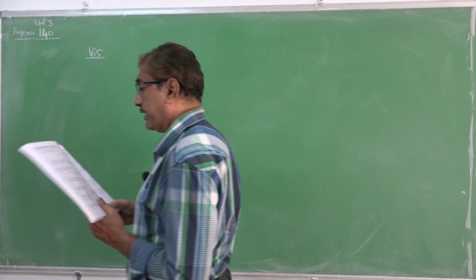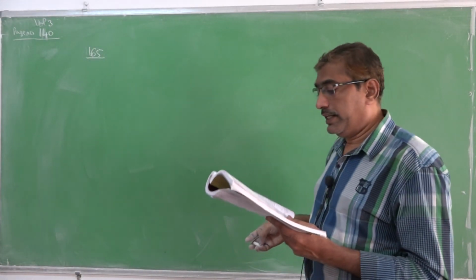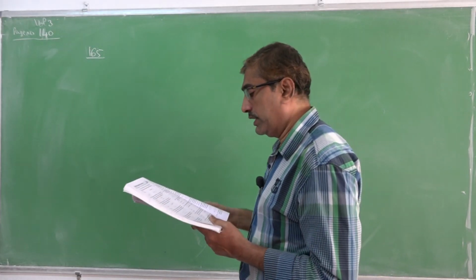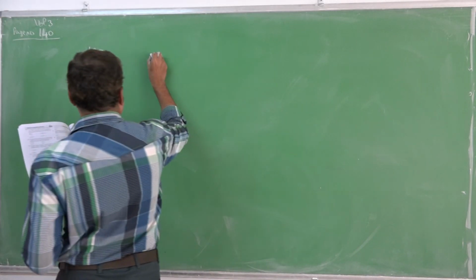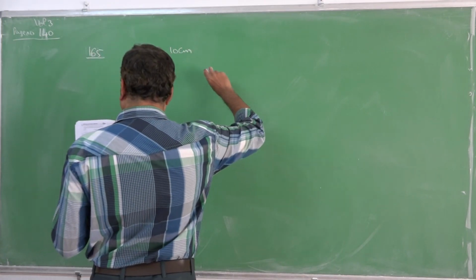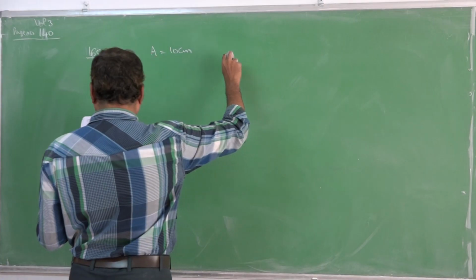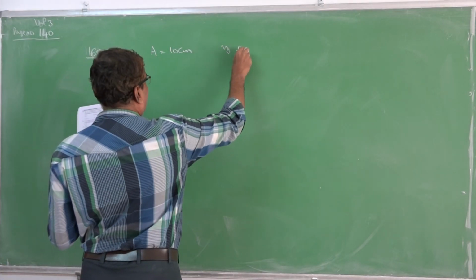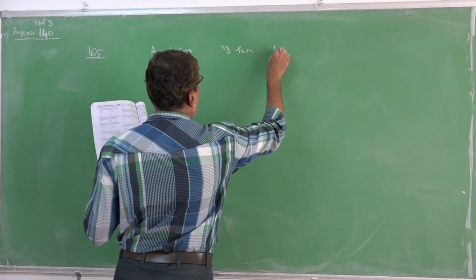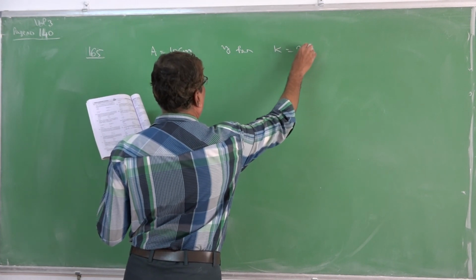At what displacement the kinetic energy of a particle performing simple harmonic motion of amplitude A, 10 centimeter. So, A is given 10 centimeter. We have to calculate the displacement y for which KE is equal to 3 times potential energy.